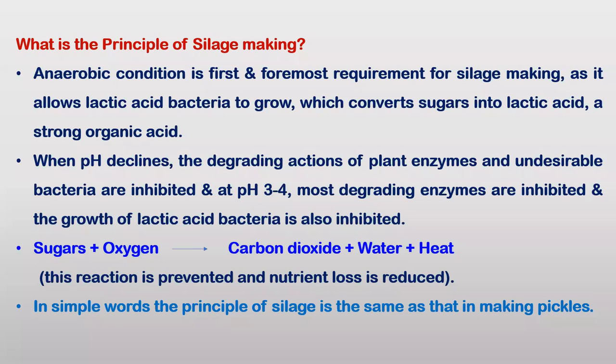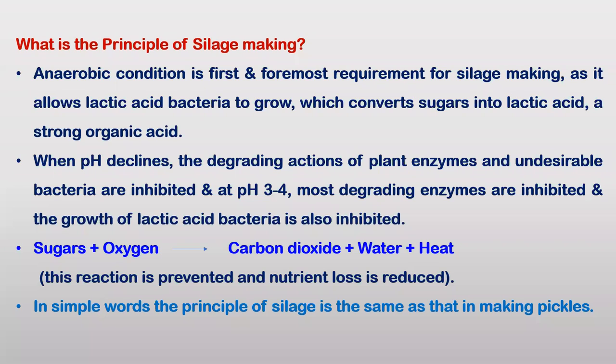And when lactic acid bacteria multiply fast, they convert the sugar content of the green fodder to lactic acid, and lactic acid is a strong organic acid. The production of lactic acid and the rate of production are very important for good quality silage.